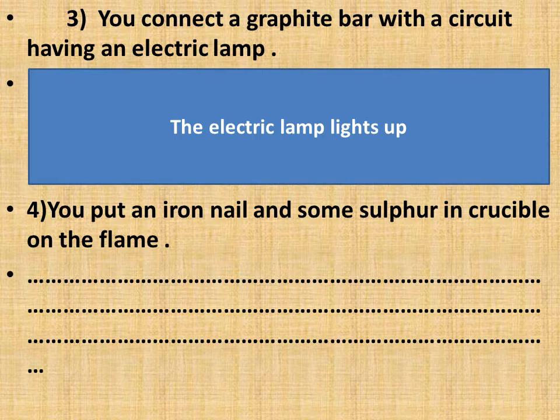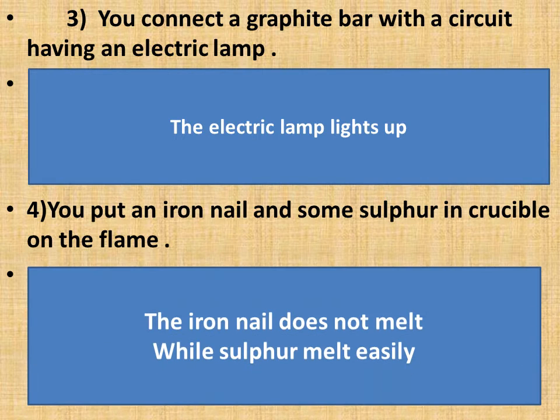So the iron nail doesn't melt, but sulfur melts easily, as iron has a high melting point, but sulfur has a low melting point as it's a non-metal.